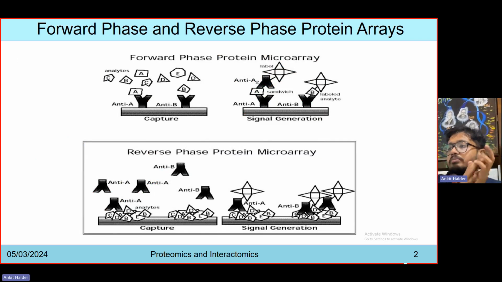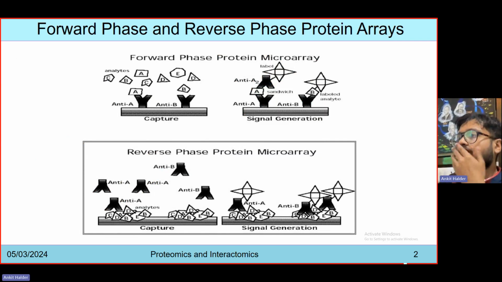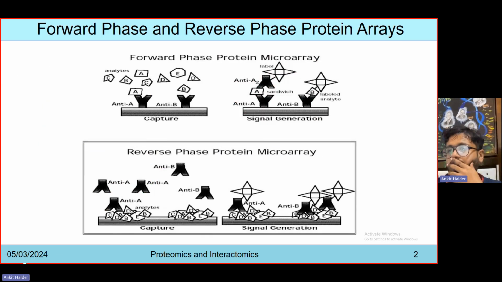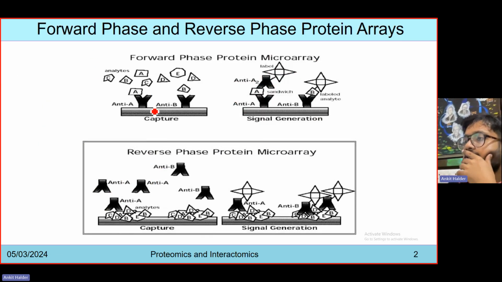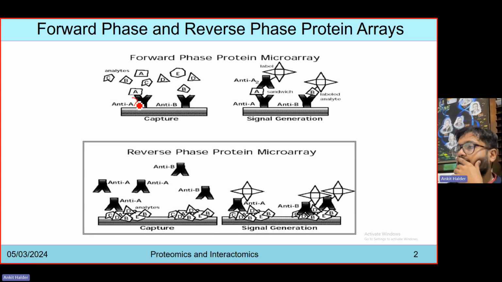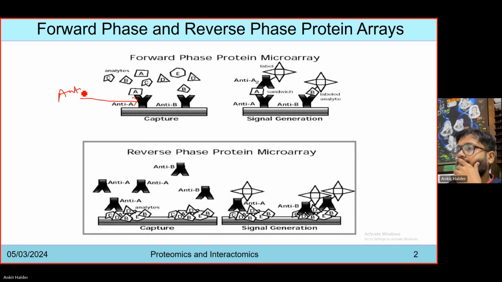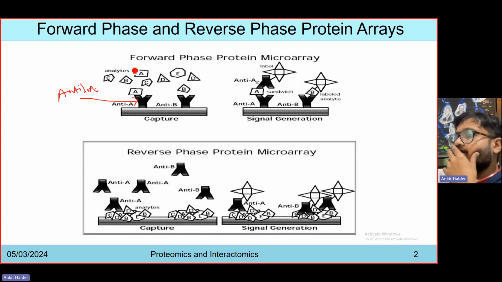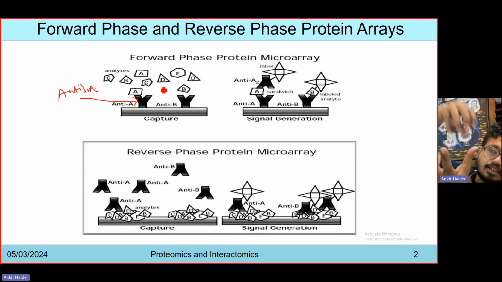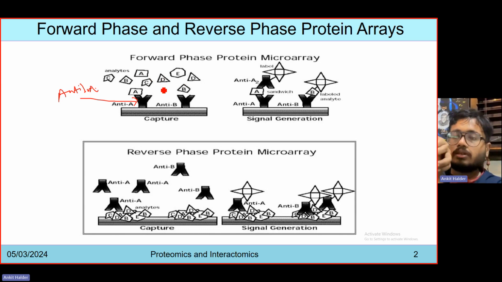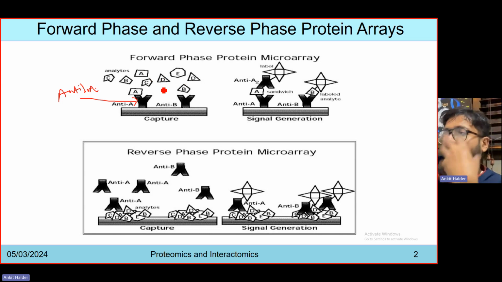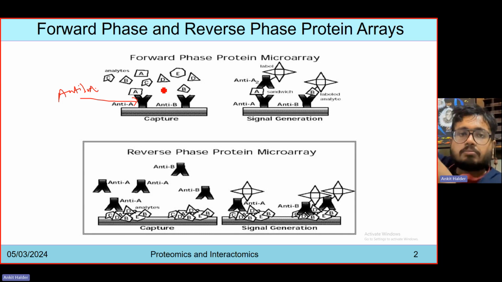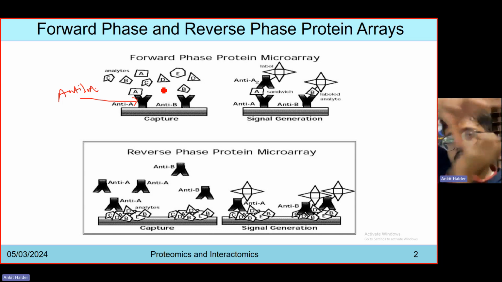This is a major difference between the forward phase protein arrays and the reverse phase. Here you can see that particular antibodies are printed. So you need antibodies, you need the protein. You pass on the cellular analytes, and then finally the secondary antibody, which is conjugated with a particular tag, and which will be recorded to understand how much that particular protein is expressed for that particular antibody.